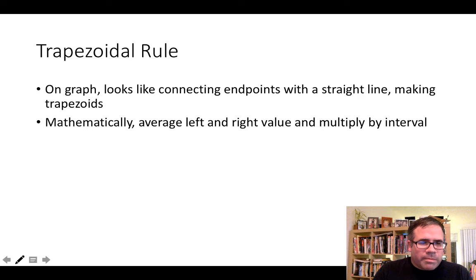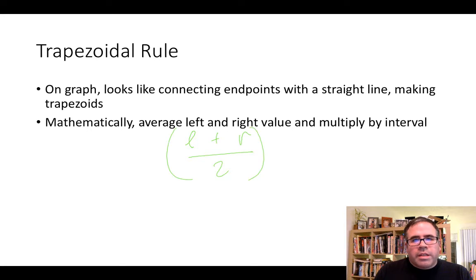You might be thinking, how does that go with the other one? Well, if we have the left value and the right value, let's have the left value be L, right value R, averaging, let's add them, divide by 2. And then you multiply by an interval, which we can call delta x, change in x.